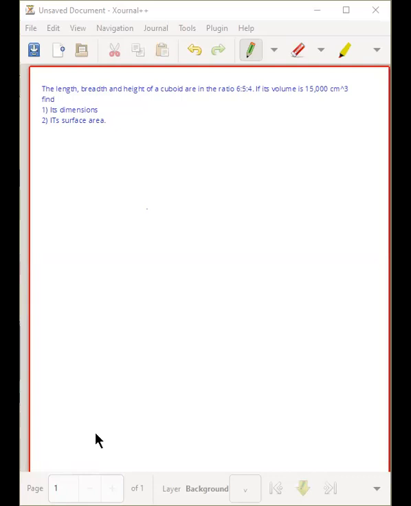What is the formula for volume, Krishna, of a cuboid? Krishna, what is the formula for volume of a cuboid? You're not audible, Krishna.